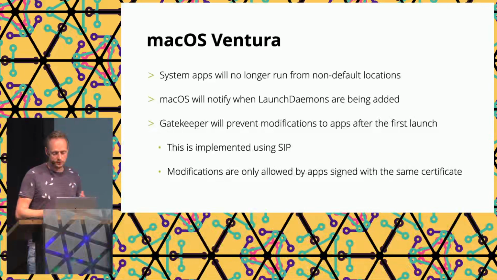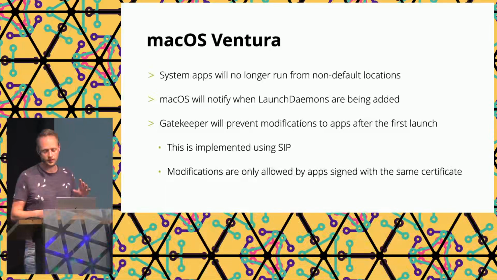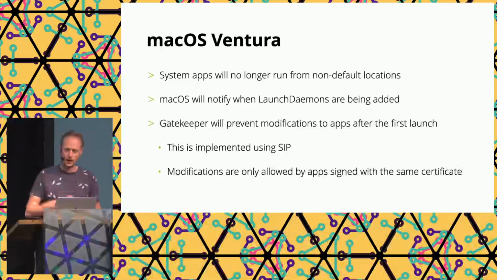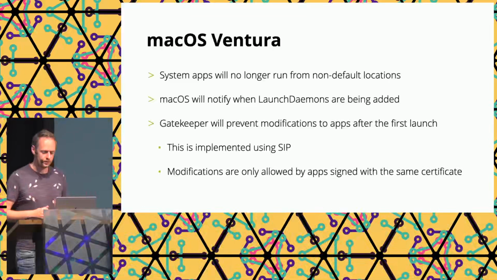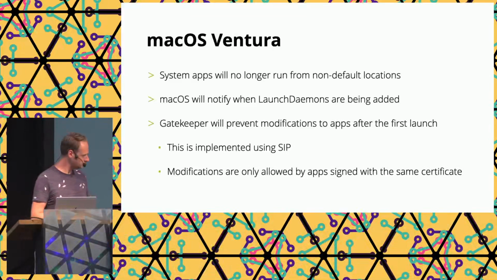This is implemented using SIP, and modifications to apps are only allowed if the app that is making the modification is signed with the same certificates as the app you want to change. So this means that apps can update themselves, but no other apps can make changes to other apps.